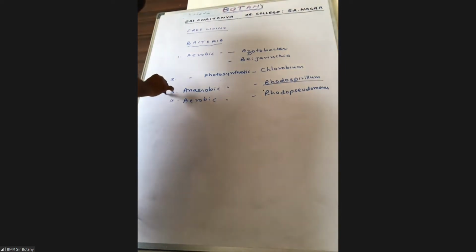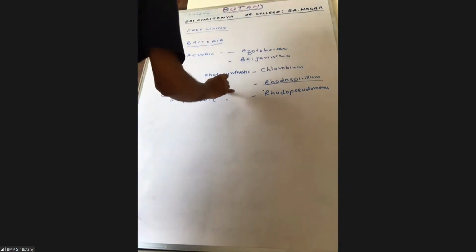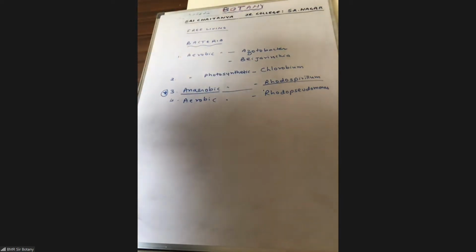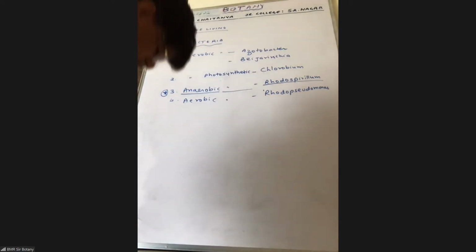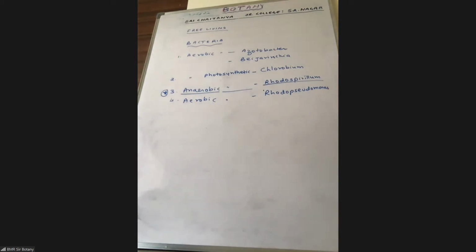Here, be careful because this point is specifically emphasized in the NCERT textbook. So we mixed this up along with aerobic, but that is anaerobic, free living nitrogen fixing. Then it could be Rhodopseudomonas along with Chlorobium, right?